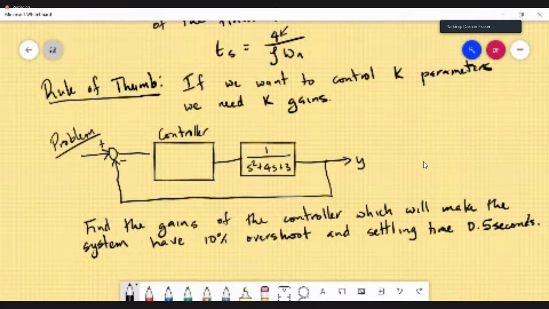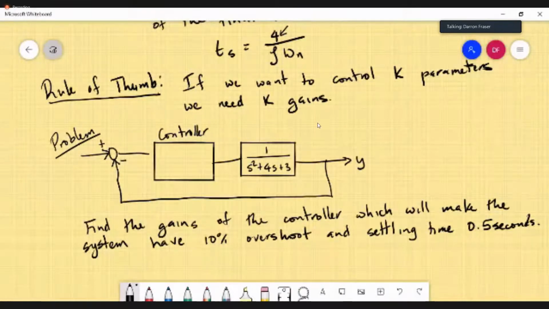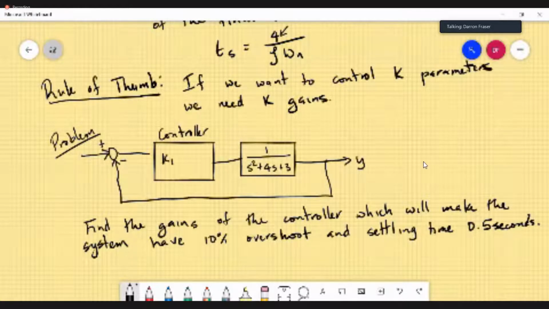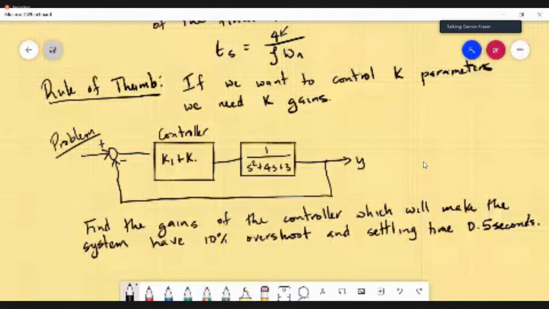We want to find the gains of the controller which will make the system have 10% overshoot and a settling time of half a second. So we need two gains.